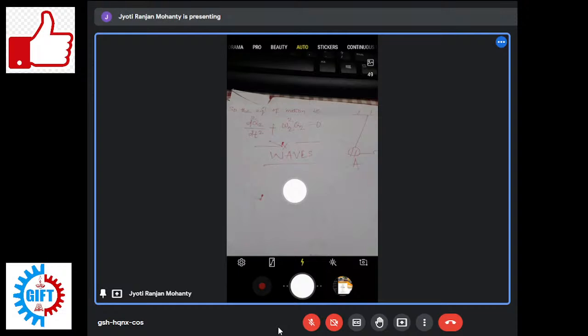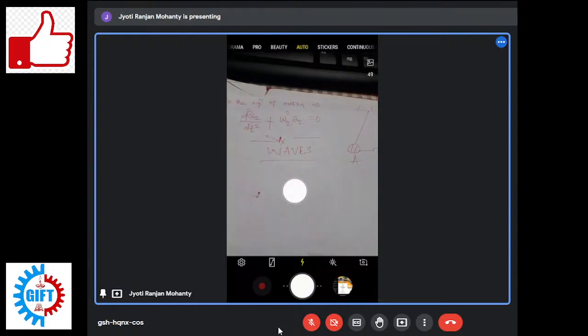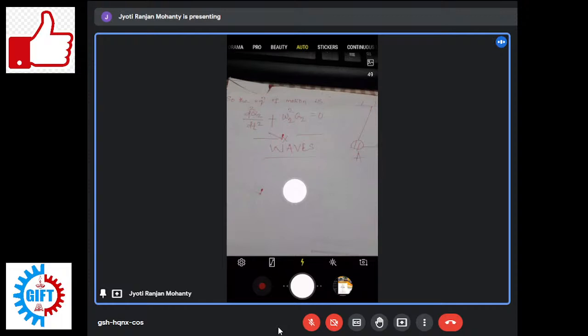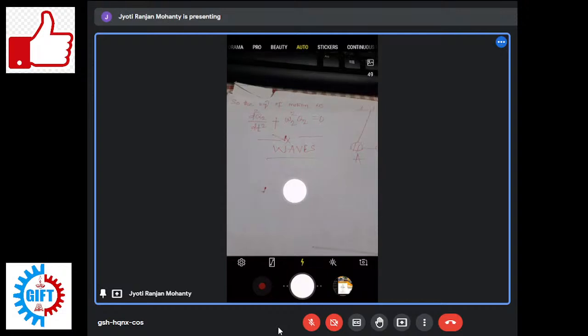What is its kinetic energy when it is midway between mean position and extreme position?